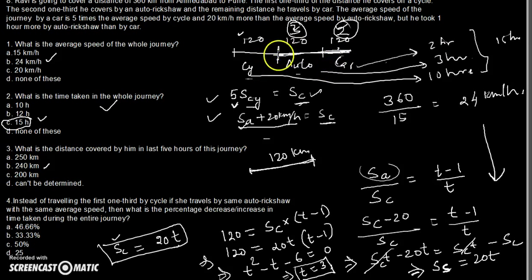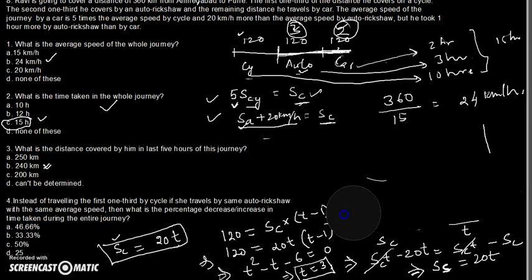In fact, it is obvious that in the last 5 hours he first spent 3 hours of the journey by auto, and then he covered the rest of the journey by car. So he covered 240 kilometers, 2/3 of the distance of the above given question.